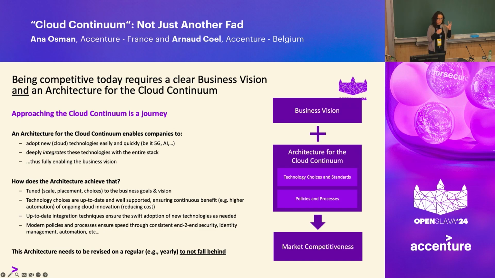So once you have your business vision plus your technology in place, so the architecture for Cloud Continuum needs to be ready, adaptable enough for you, then you can be ready to go in the market and to be competitive in the market.